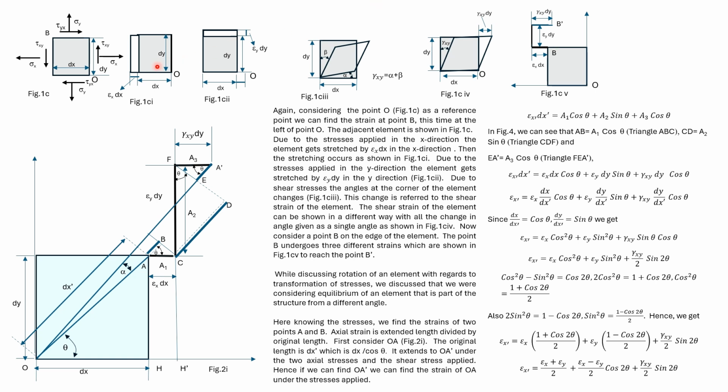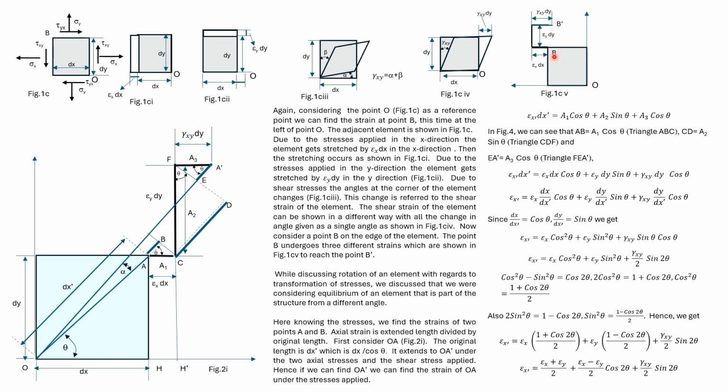So due to sigma x, the point B moves towards the left by epsilon x dx. Due to sigma y, there's a vertical extension of epsilon y dy. Due to the shear stress, there's a movement towards the right of gamma xy dy.